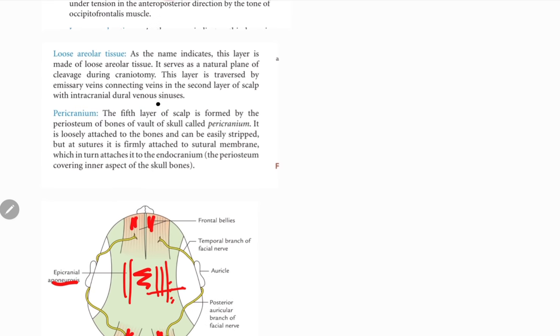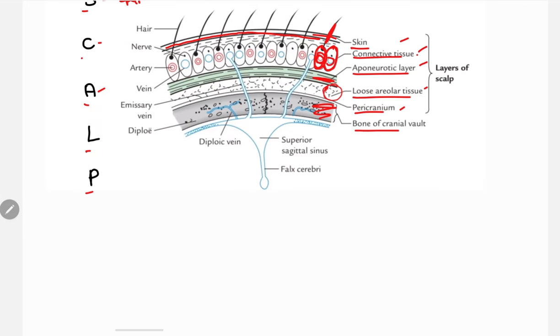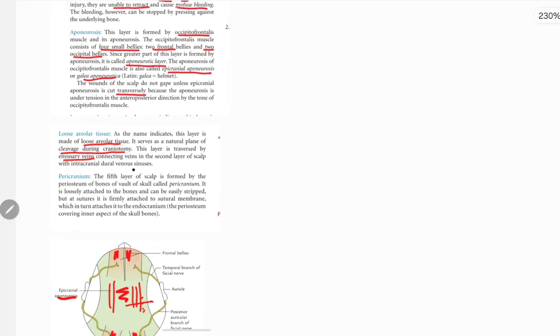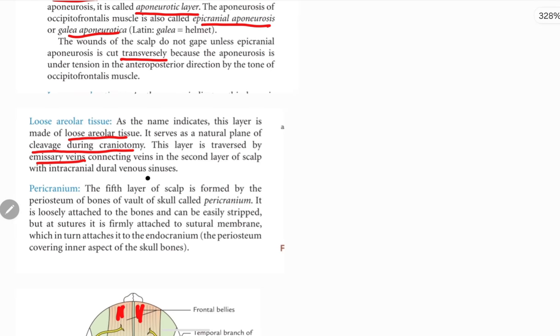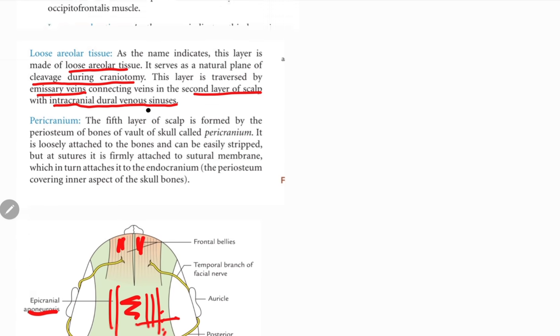Loose areolar tissue. As the name indicates, this layer is made up of loose areolar tissue and serves as the natural plane of cleavage during craniotomy. This layer is traversed by emissary veins connecting veins in the second layer of the scalp with the intracranial dural venous plexus.